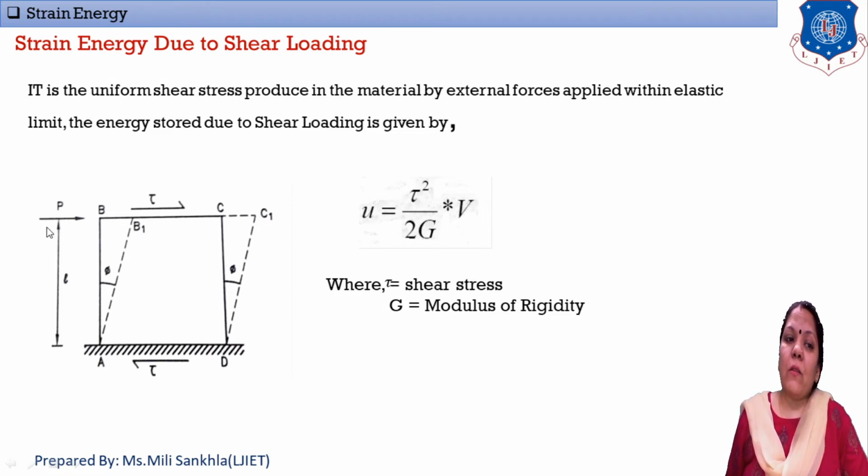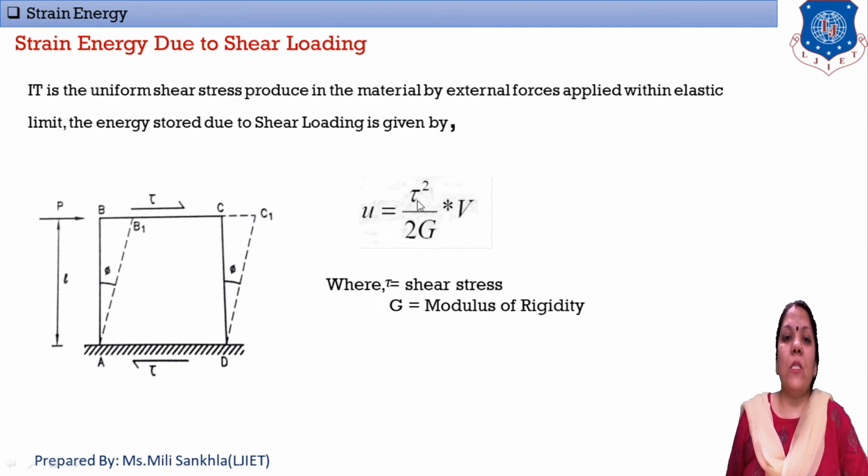That means shear loading. If any load is applied parallel to the plane, it is a shear load. Here we prove that strain energy U is equal to tau square divided by 2G into volume. This is our final derivation.